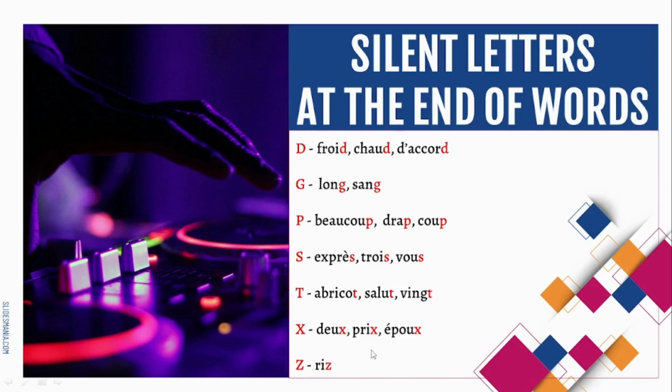So, final letter we're going to look at here is Z. I have one example. I don't think there's a lot of words in French that really end with Z like that, but this is one example that we could find. So the word riz. I know some people can't get the French R's pronounced, so it's like riz, riz.